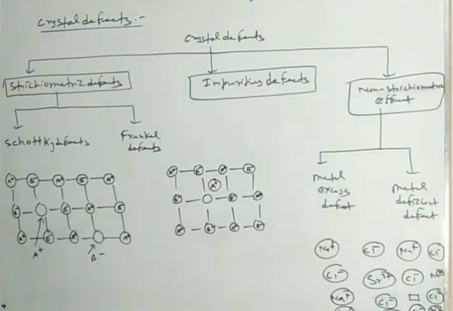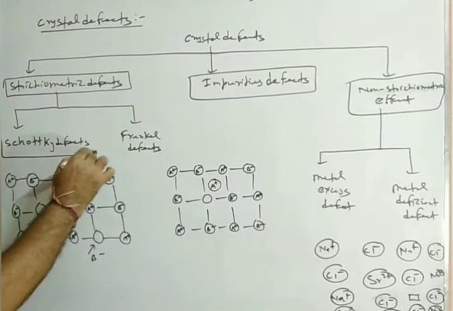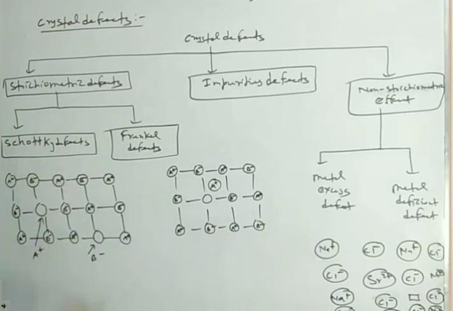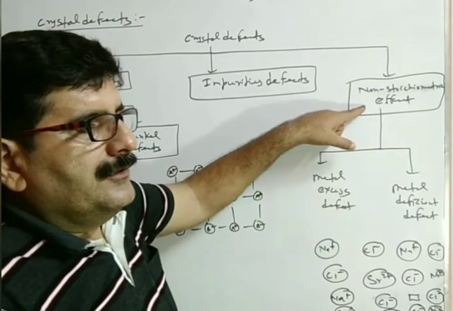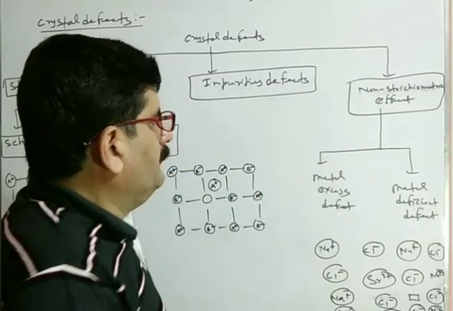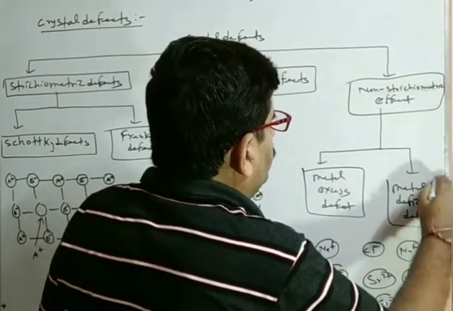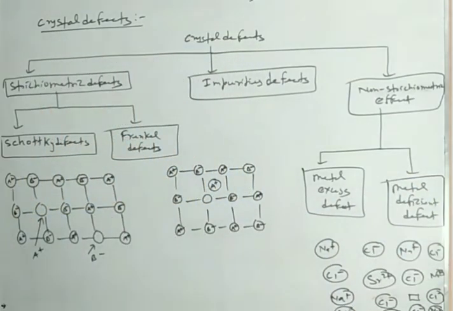Stoichiometric defect is further classified into two types: Schottky defect and Frenkel defect. Non-stoichiometric defect is again further classified into two types: metal excess defect and metal deficient defect. First, we have to understand stoichiometric defect, that is Schottky and Frenkel defect.